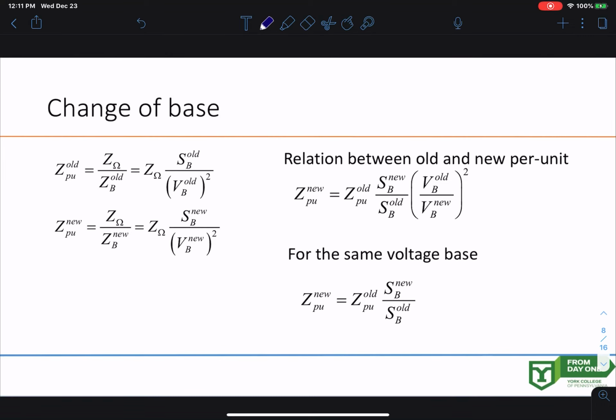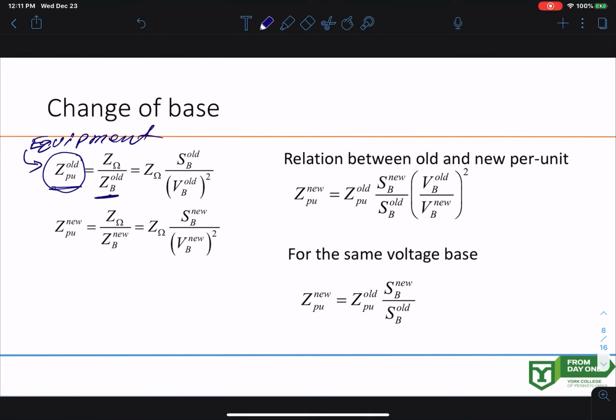So let's see how you change the base over here. The old one, the actual value of this, is talking about the old equipment. Equipment comes with its own base, so their actual impedance divided by base is calculated.